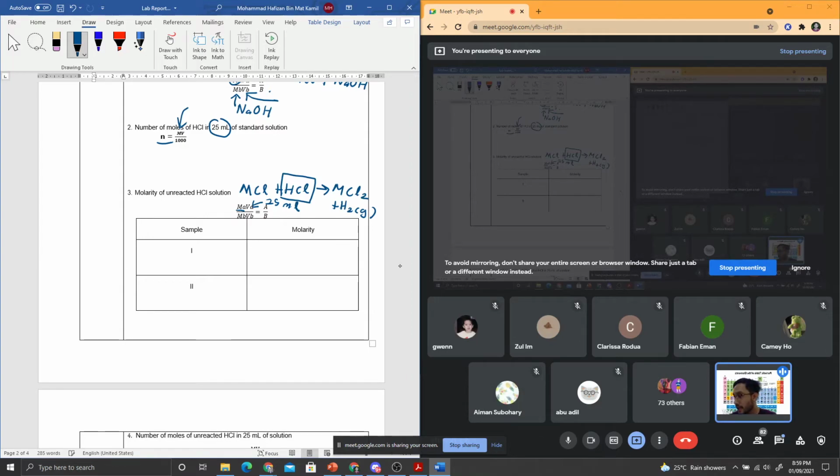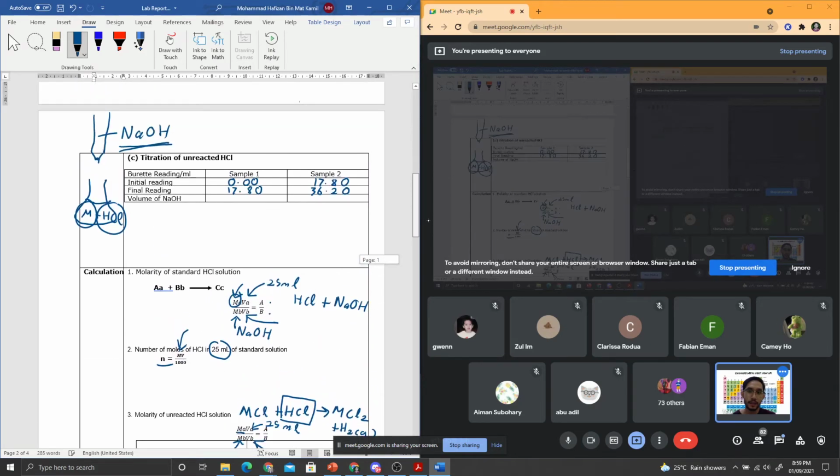Okay, and then the molarity of this, nak ambil molarity mana? Molarity of your NaOH. Kita titrate guna NaOH kan. NaOH molarity dia saya dah bagi awal-awal. And VB, volume dia, is form yang you dapat lah.